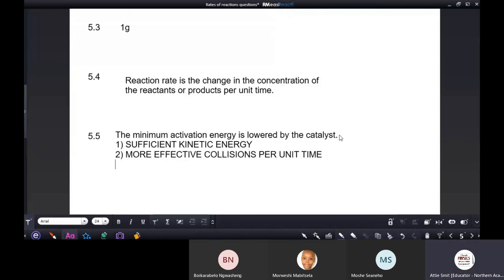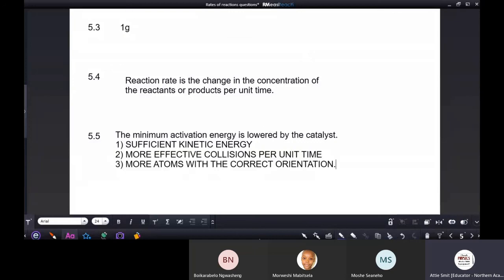The third one, which we discussed this morning, is that there will be more particles or compounds or atoms with the correct orientation. So there is question 5.5.